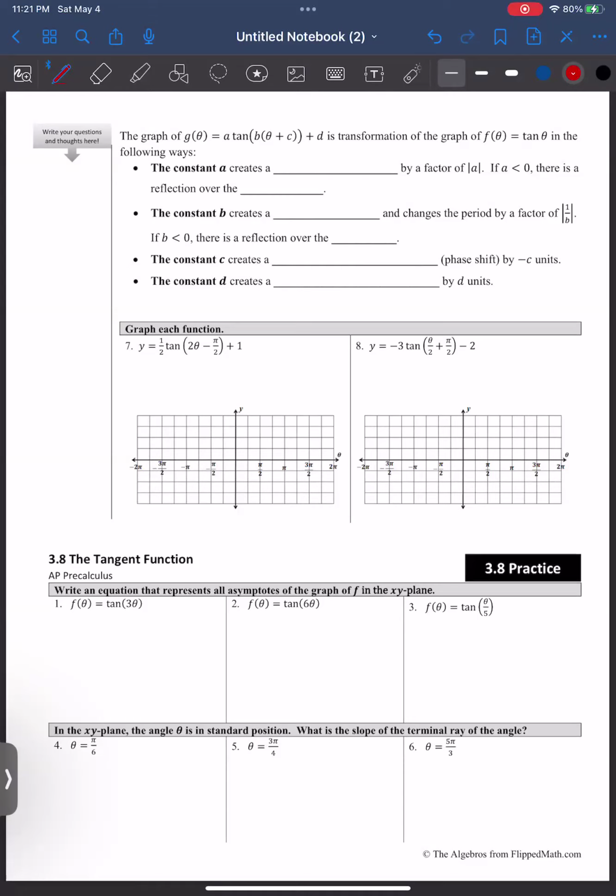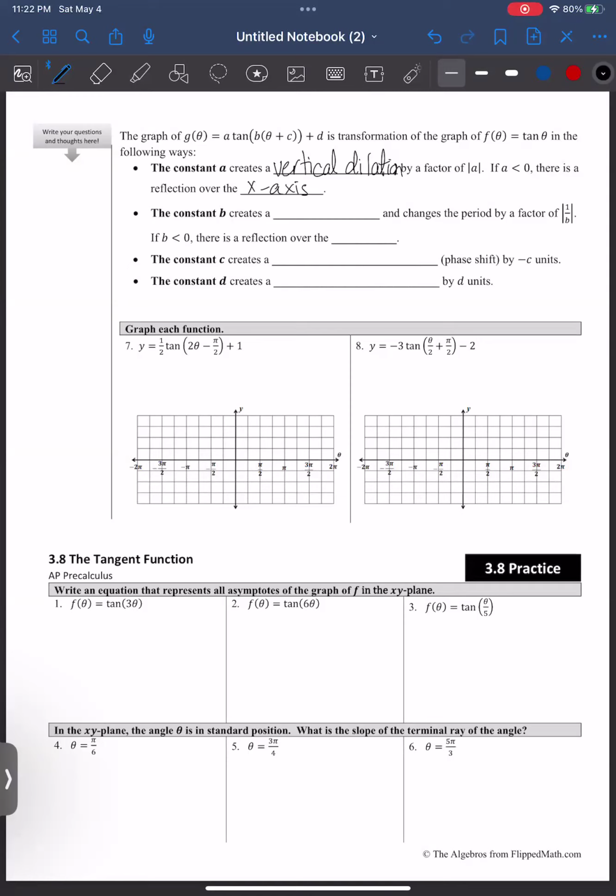The constant a creates a vertical dilation by a factor of absolute value of a. If a is less than 0, there is a reflection over the x-axis, which makes sense because it is a negative. So a negative is a reflection.